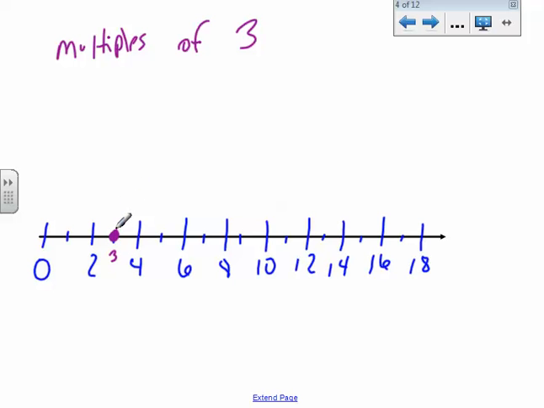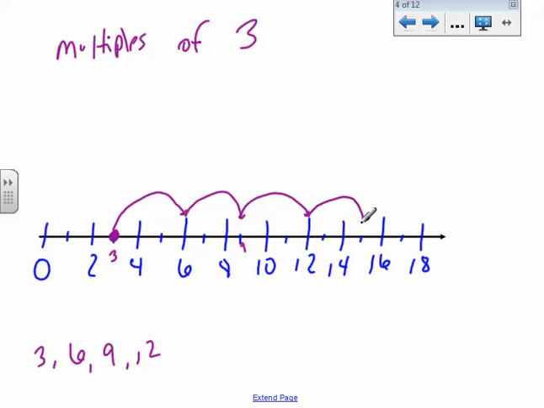And I can say, well, the multiples of 3: 3 times 1 is 3, so that's one multiple. 3 times 2, or adding another 3, is 6, so there's a multiple. The next multiple is 9, then 12, then 15, then 18. And does it stop there?